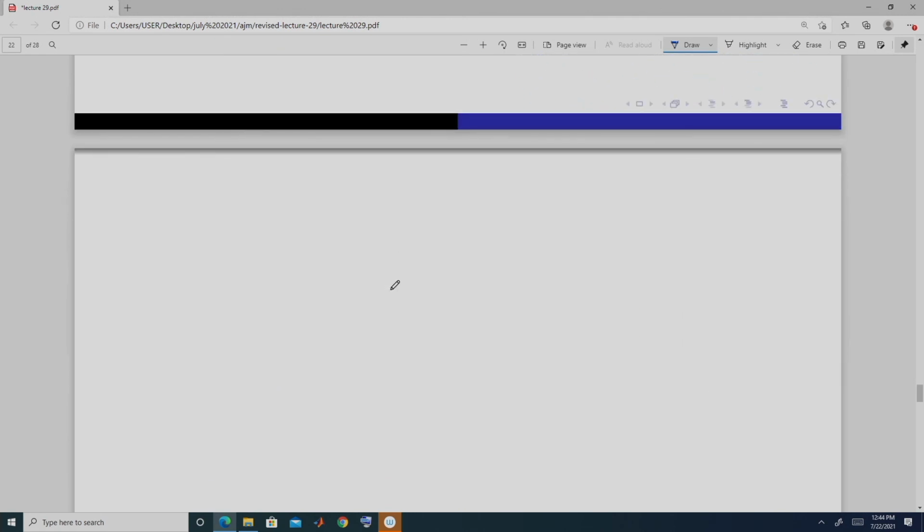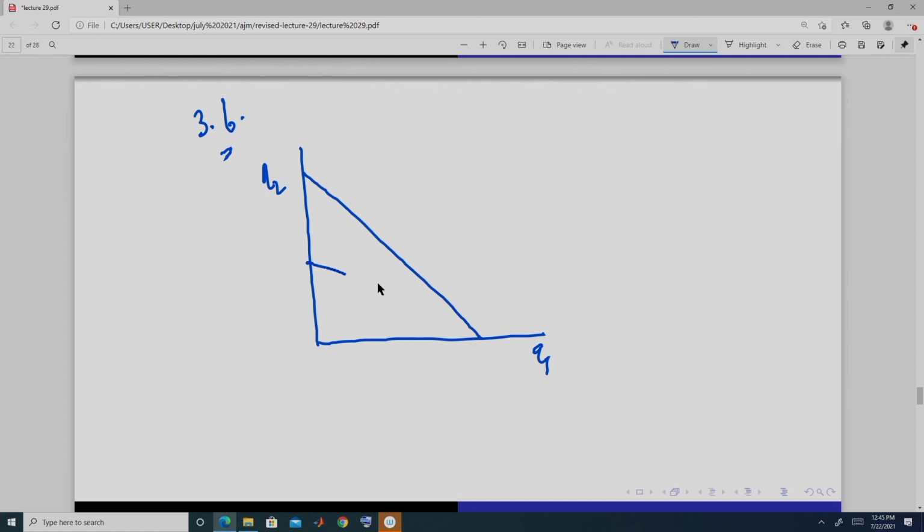Next, let us do another situation, and this is suppose case 3. So, in case 3b, this is the reaction function of firm 2.